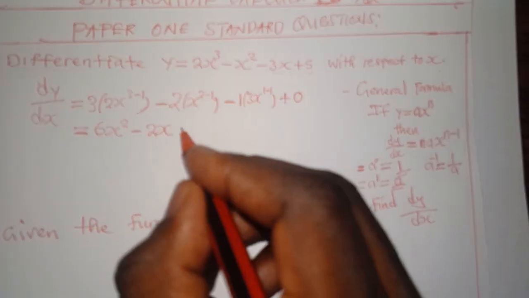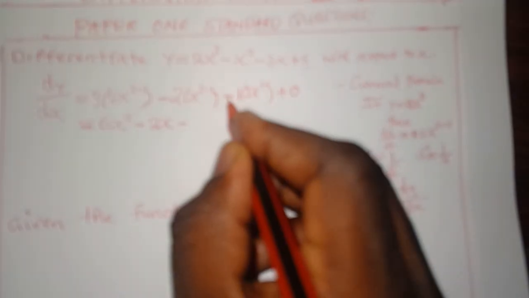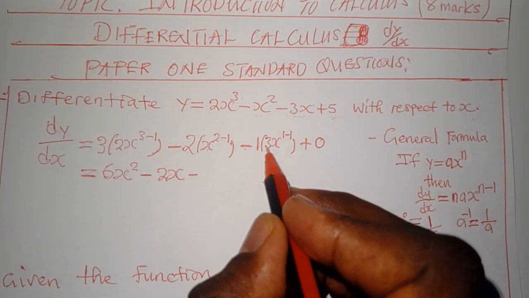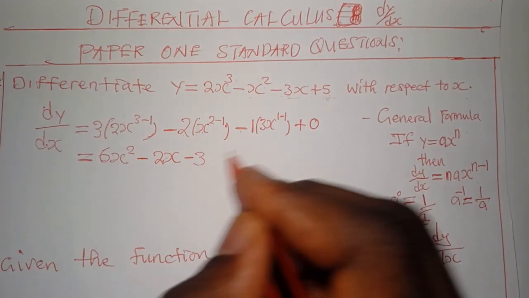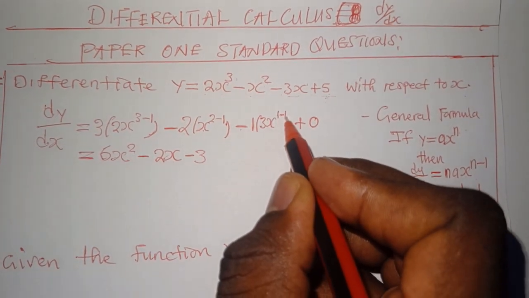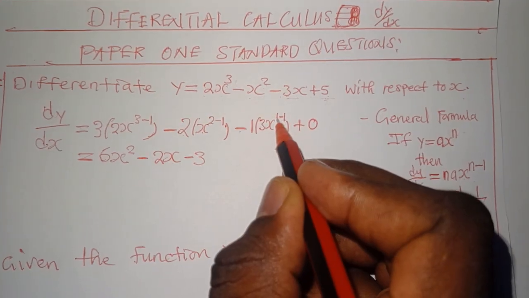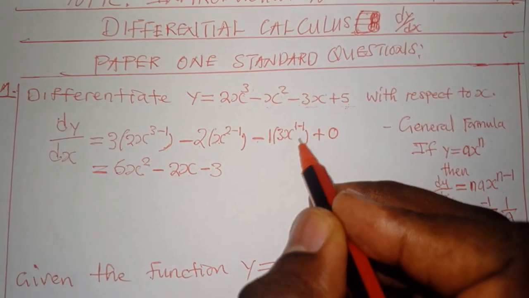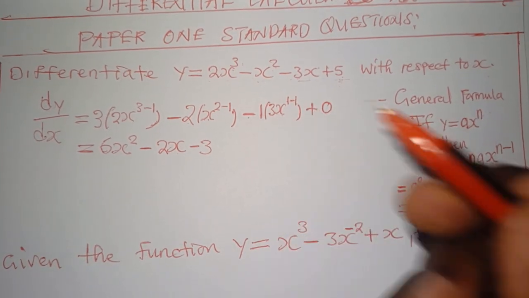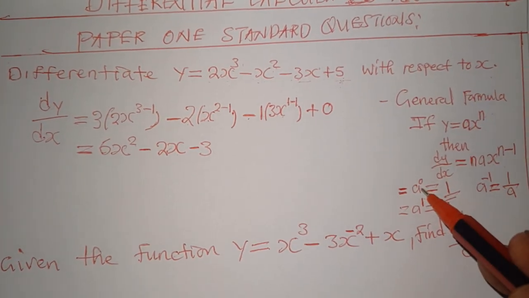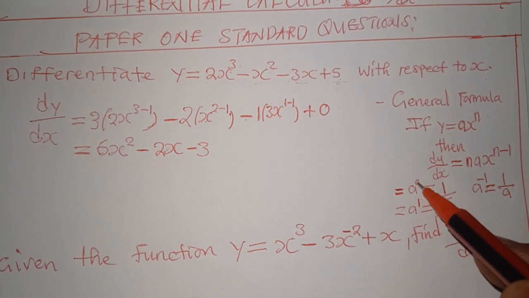Then we come to this one. We have minus here, the sign. So what is 1 times 3? You get 3. Then 1 minus 1, the power of x is 1 minus 1, so we end up getting x to the power 0.